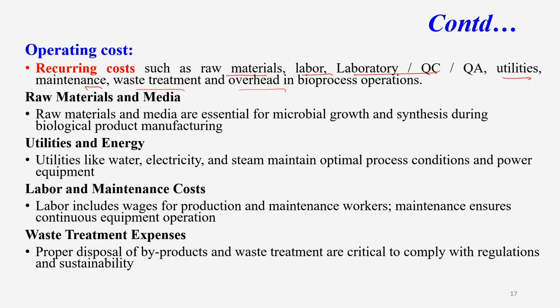So, raw material and media for the microbial growth, for the bioreactor operations, utility and energy like water, electricity and steam, labor and maintenance. It includes wages for the production and maintenance workers, and waste treatment, the proper disposal of any byproduct or the waste generated. This is very important to comply with regulations as well as sustainability.